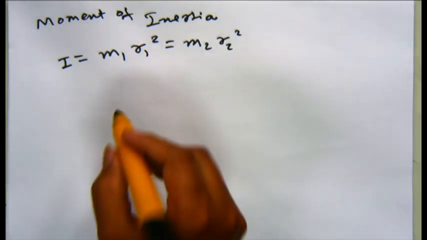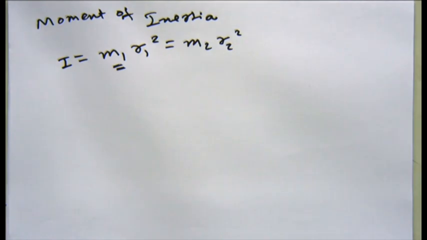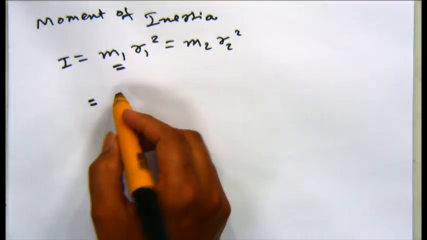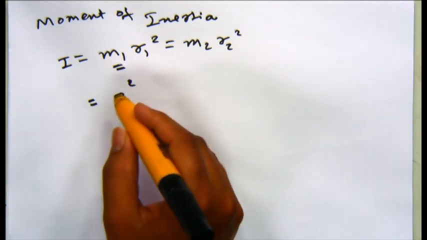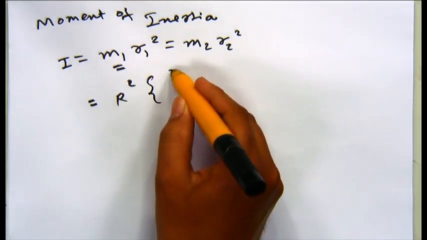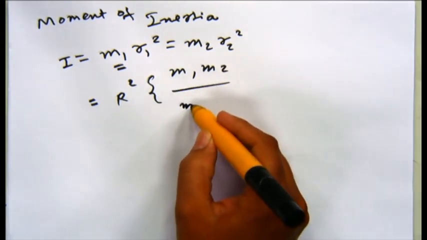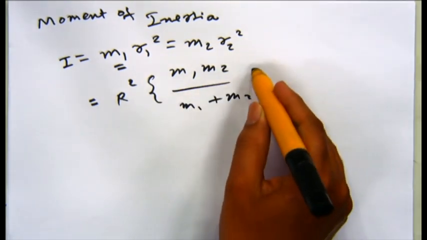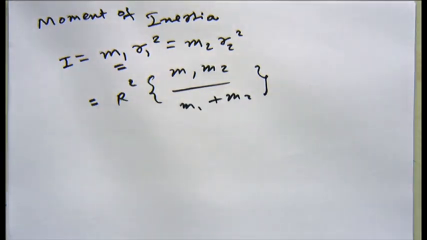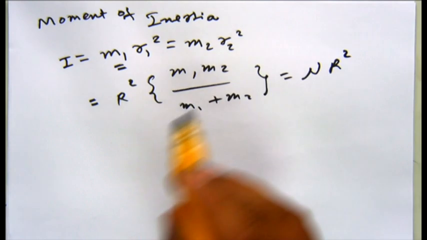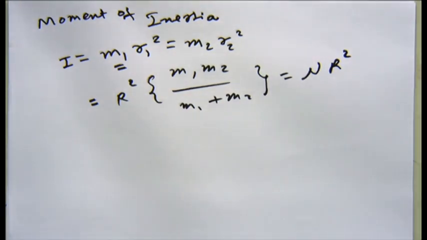Now by putting the value of m1 from the earlier equation, the moment of inertia I is equal to r square m1 m2 upon m1 plus m2, and that is I is equal to mu r square.